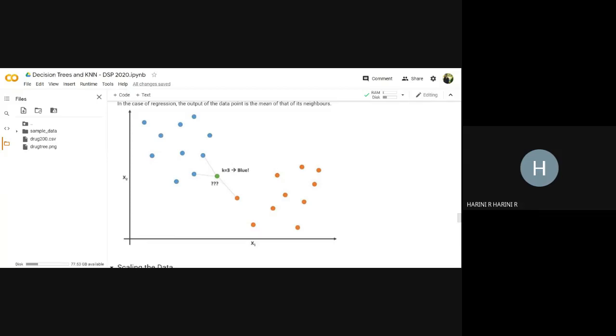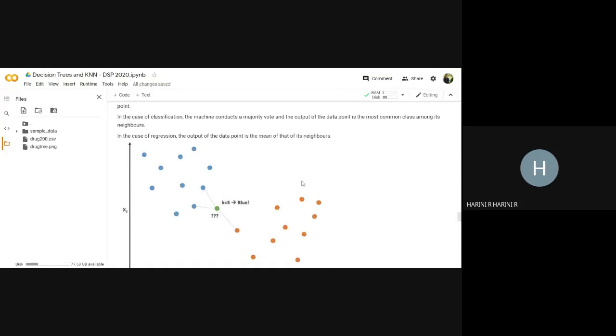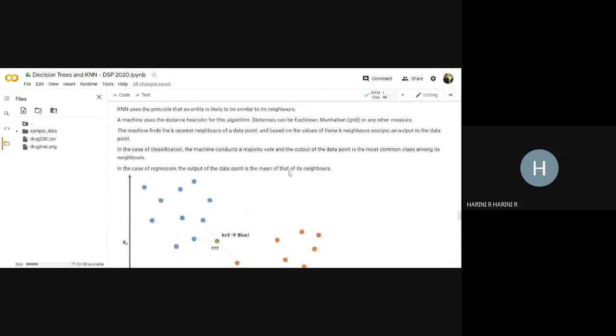So the k nearest neighbors algorithm will group this unknown point with the blue class in this scenario. According to your application, you'll be experimenting with different k values to see what fits your data the best. So that's in essence what this algorithm does.